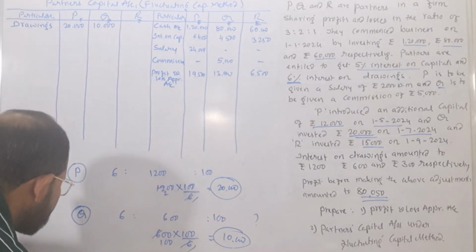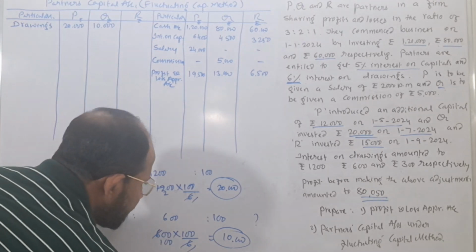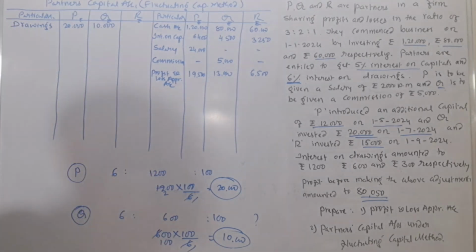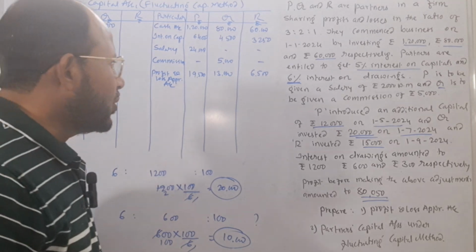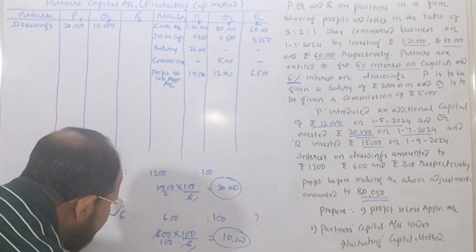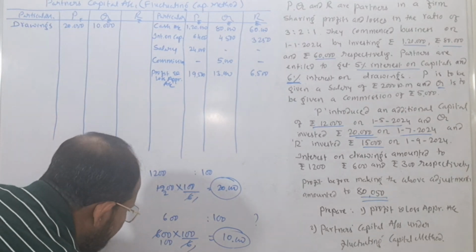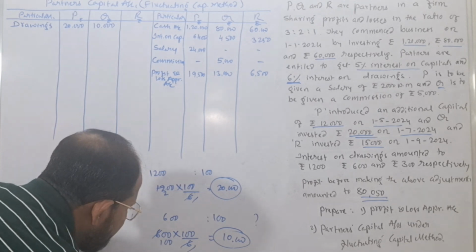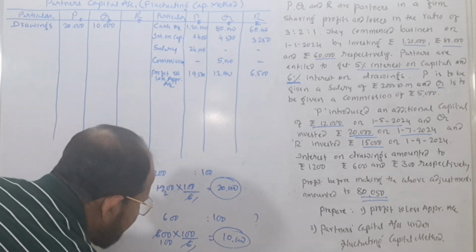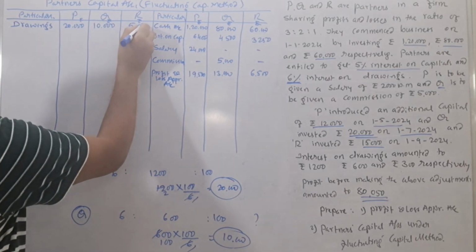Next one is, in case of R, for every 6 rupees, his drawing should be rupees 100. But how much interest has come in case of R? Rupees 300. Therefore, here 300 into rupees 100 divided by 6, it comes to rupees 5,000. 5,000 is the amount withdrawn by the partner during the year.